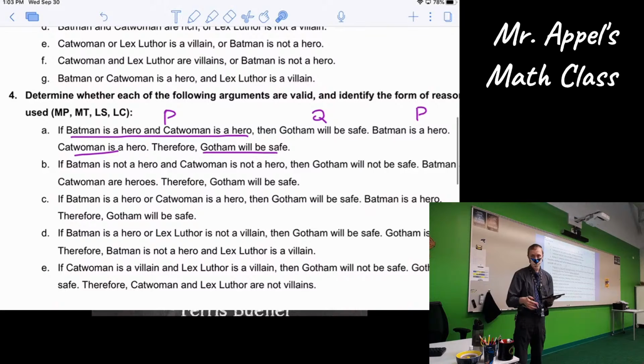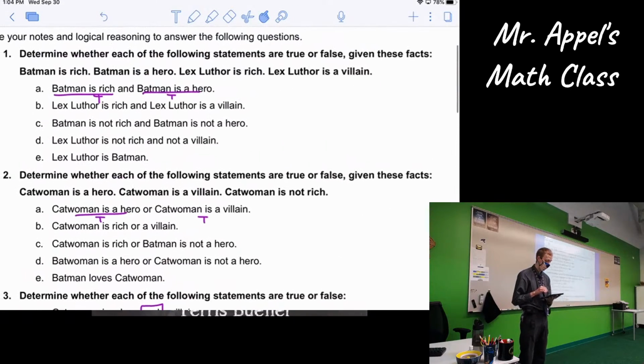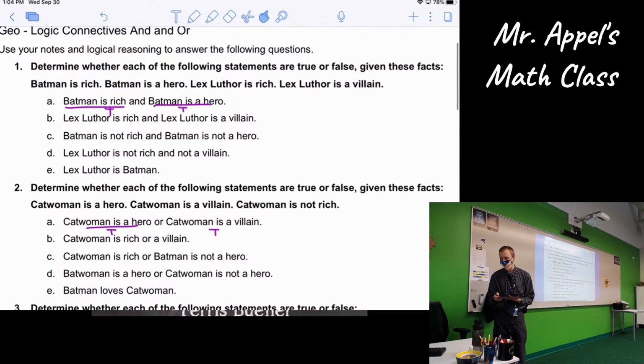And then 4 is where we write full-on logical arguments, and you're going to, as we've been doing these past couple of weeks, determine if the argument is valid and tell me which kind of reasoning you are using. And these ones are all going to include ands and ors. So I'm going to walk you through an example of each one.